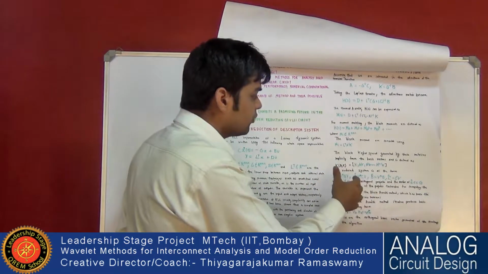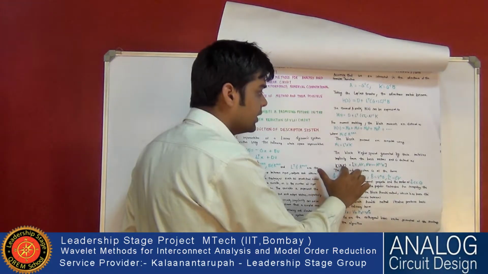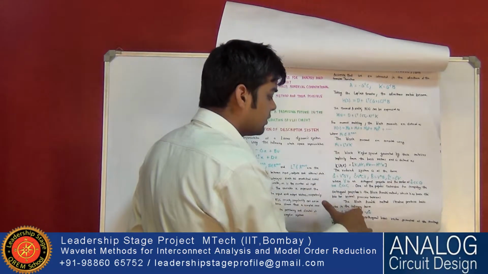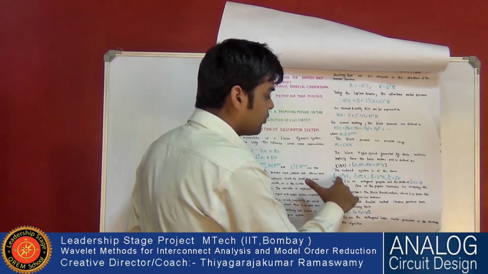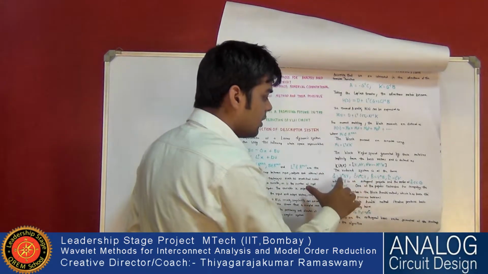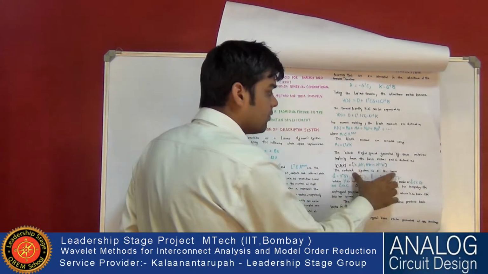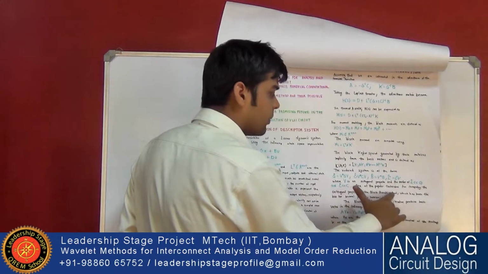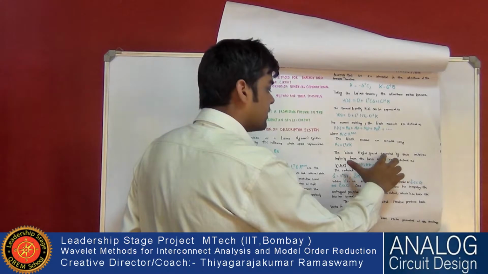In the block Arnoldi method, he used only K equal to A inverse B, and the problem is orthogonality while reducing the model of the system. If you are using the block Arnoldi method, the Krylov space matrices are generated.